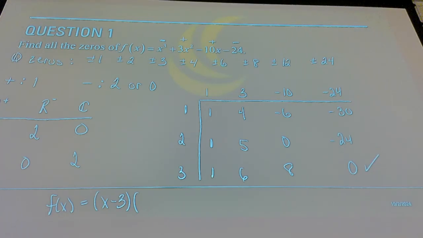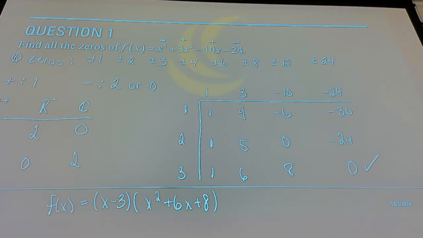So if you factor it out, that means x minus 3 is your divisor. What remains is your quotient. X squared plus 6x plus 8.